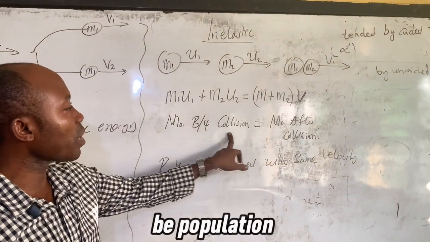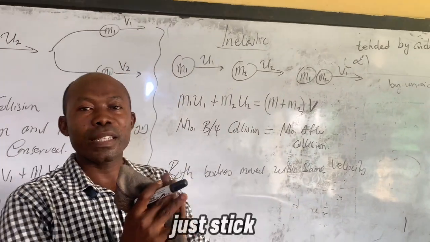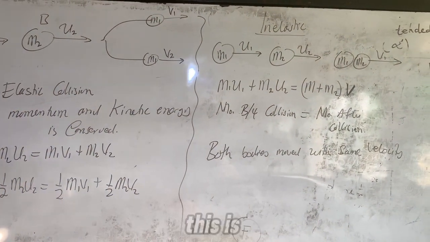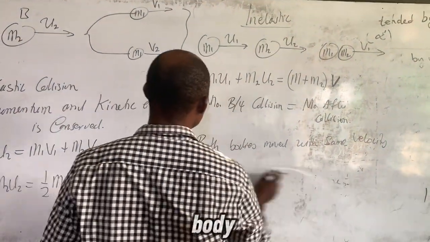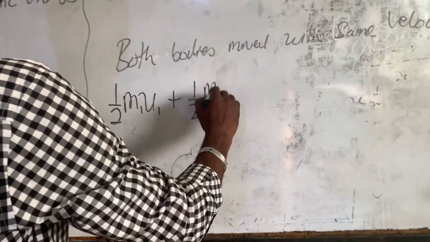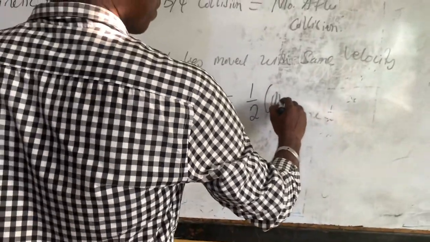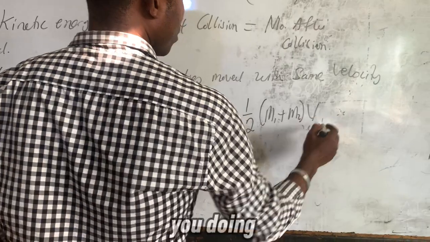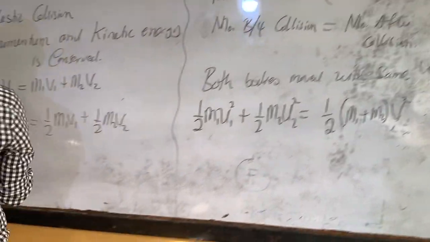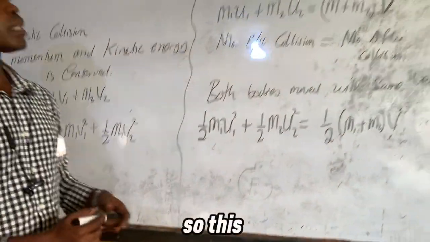Momentum before collision equals momentum after collision. Before collision is here, after collision, they get mangled, they stick together, they move with the same velocity. So this is elastic, this is inelastic.